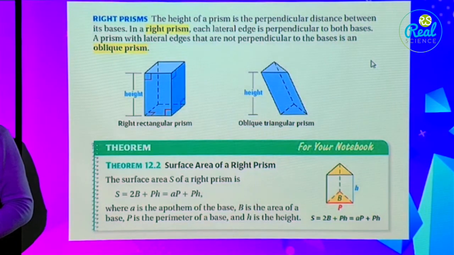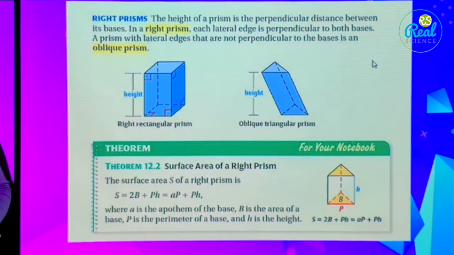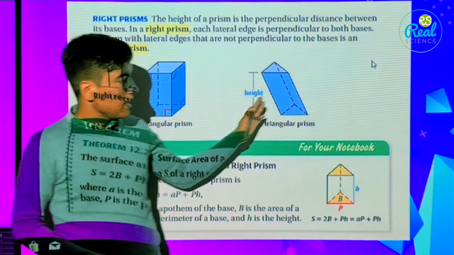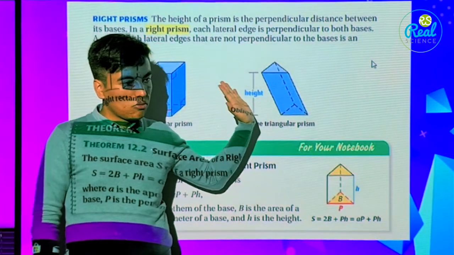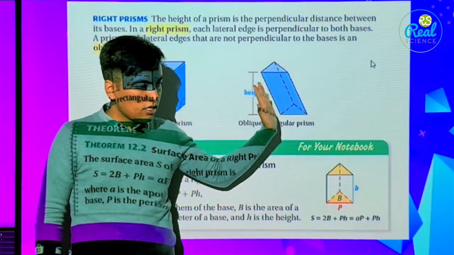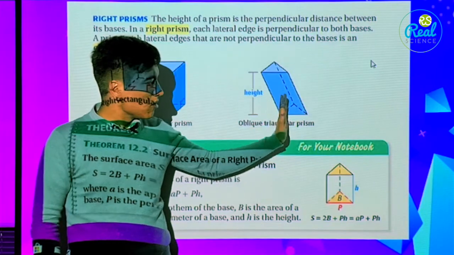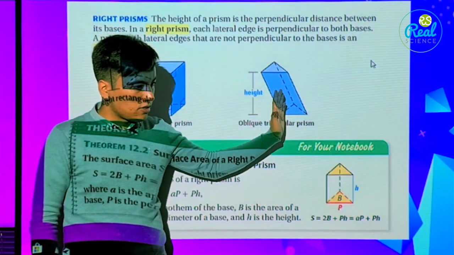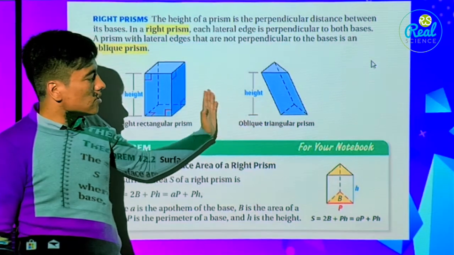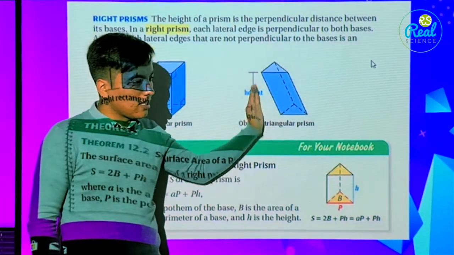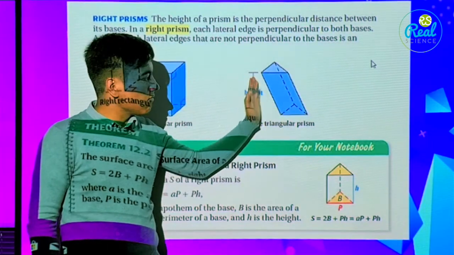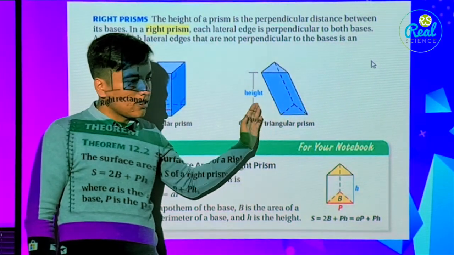Oblique and right. Right means angles are 90 degrees. Oblique, it's a kind of slope. There is a slope, okay? And in the beginning I said oblique, different sides, different measures. Different measure, I meant about height. Height is different from this one. It's not the same.